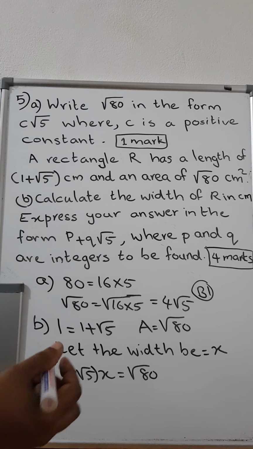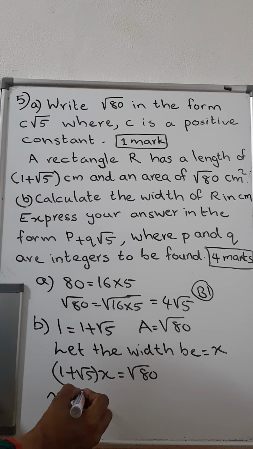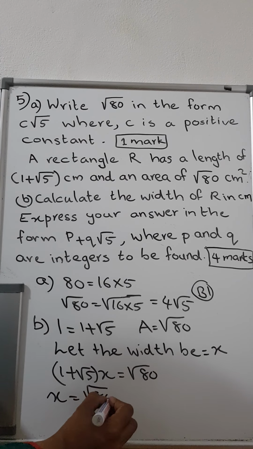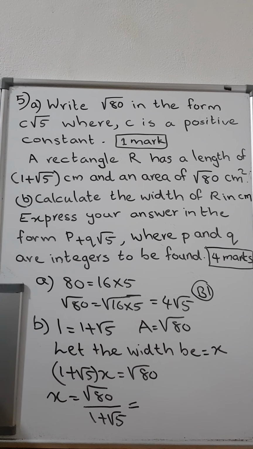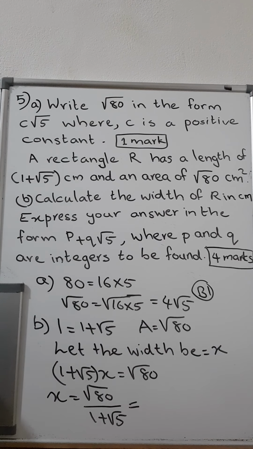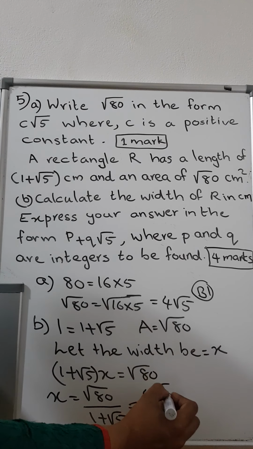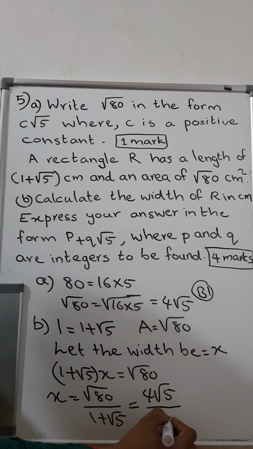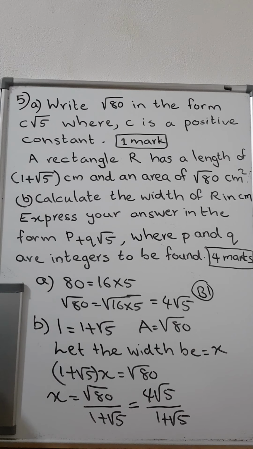Now you see, we can make x our subject, that is our width, root 80 divided by 1 plus root 5. Now you see, root 80 is 4 root 5 that we got from the previous part itself. Root 80 in simplified form is 4 root 5. So 4 root 5 divided by 1 plus root 5.